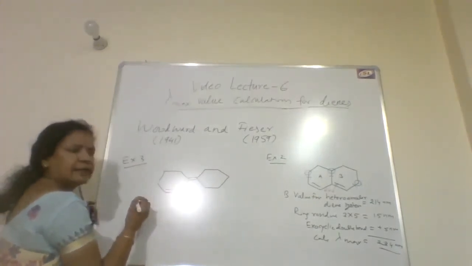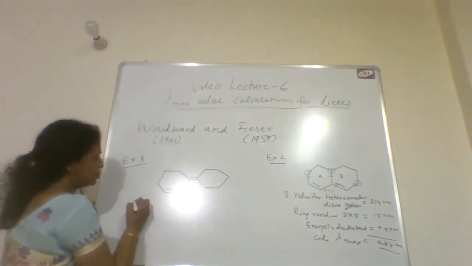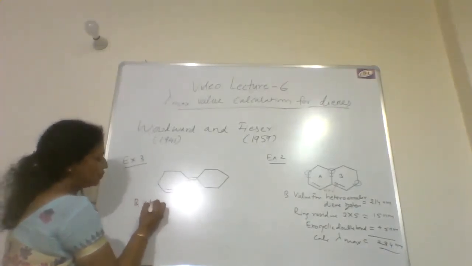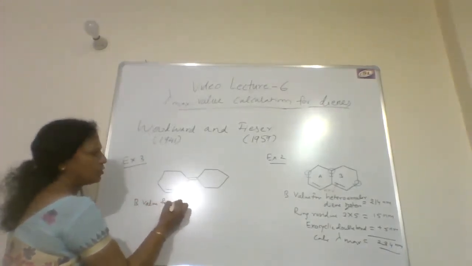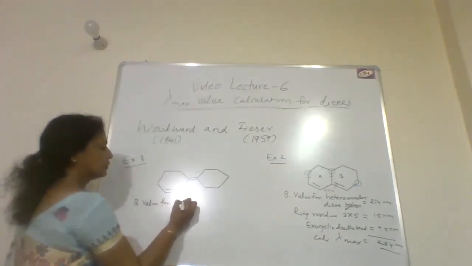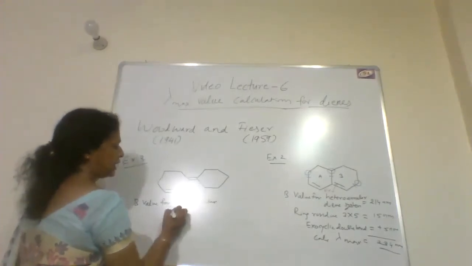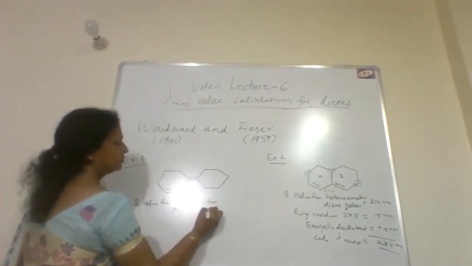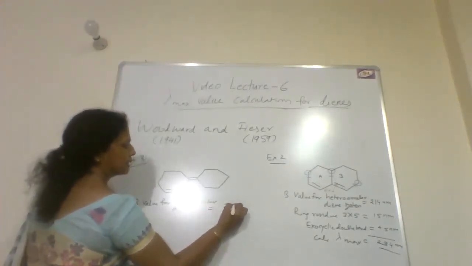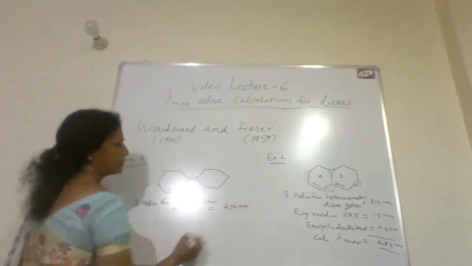So it is again a heteroannular system, and the base value for heteroannular dienes is 214 nanometers.